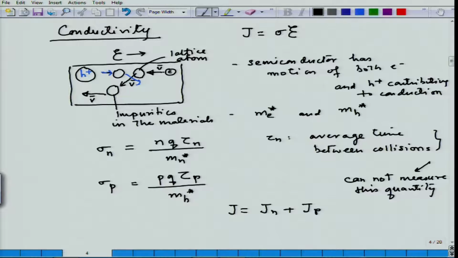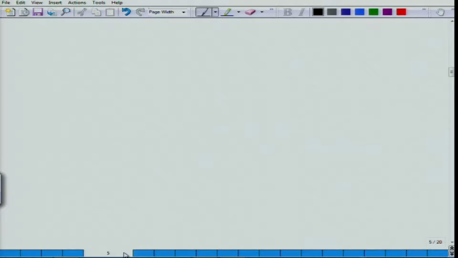And for practical reasons, there is another quantity which has been used in describing the drift motion of carriers in the semiconductor, and it is referred to as the drift velocity, which is the average velocity that electrons gain.